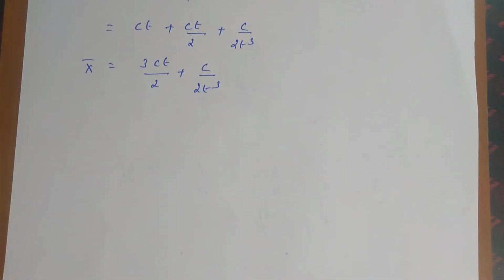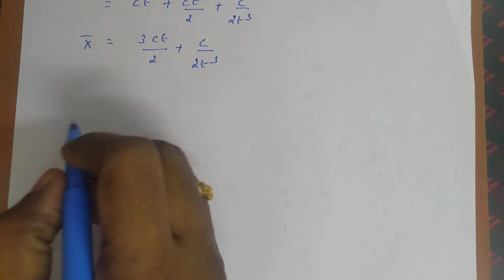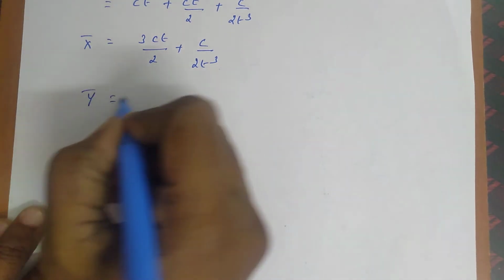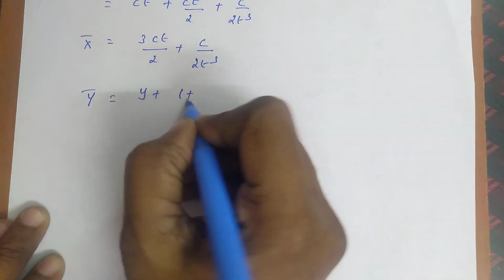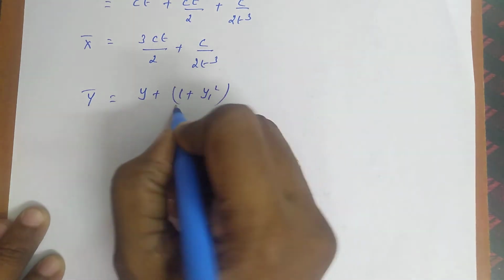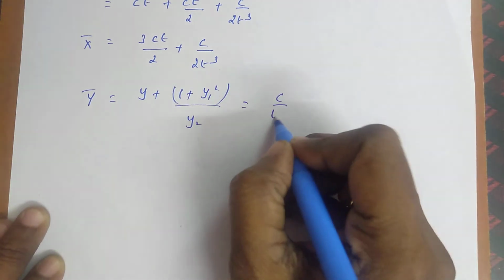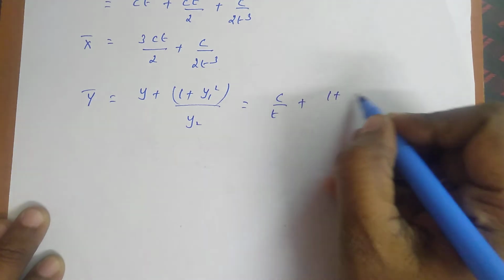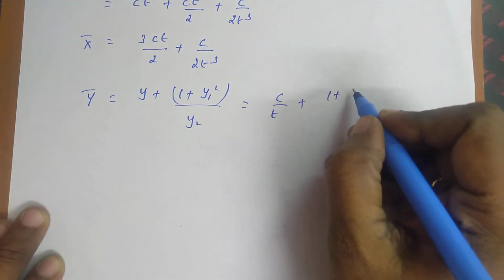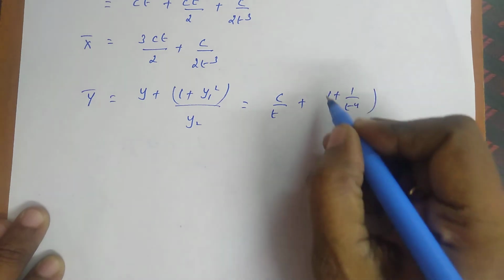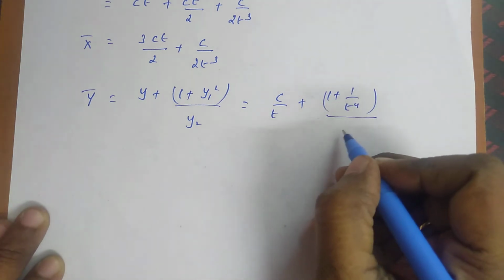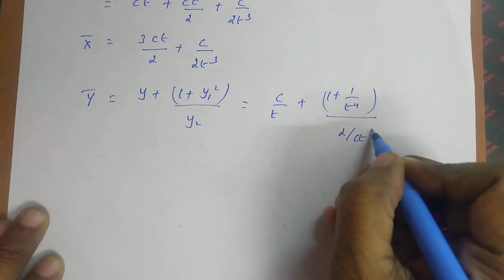In the same manner we are going to find our y bar. So we will write the y bar formula. y bar equal to y plus (1 plus y1 square) divided by y2. y is equal to c by t plus (1 plus y1 square, where y1 square is 1 by t power 4) divided by y2. What is our y2? y2 is 2 by ct cube.